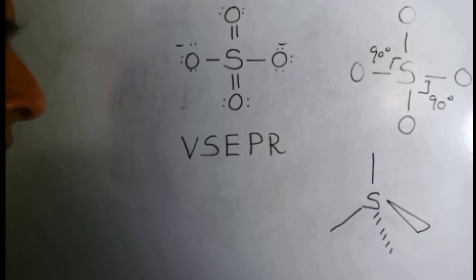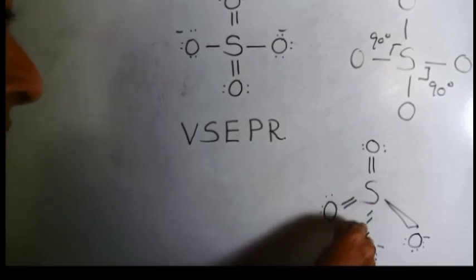So this is the best orientation for sulphate ion. This is the final orientation of the sulphate ion. It is tetrahedral.